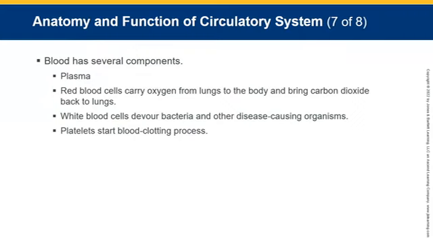Red blood cells carry oxygen, they have hemoglobin, and they also take the carbon dioxide back to the lungs. White blood cells are used to fight infections and things like that. And platelets are used in causing blood to clot. Okay, thrombocytes in the blood. These are what cause that blood clot for heart attacks, the thrombosis.